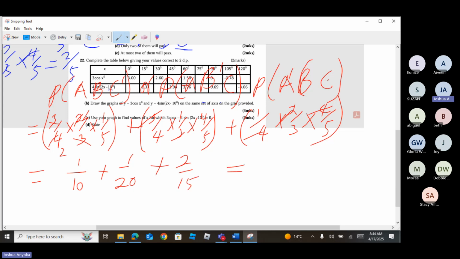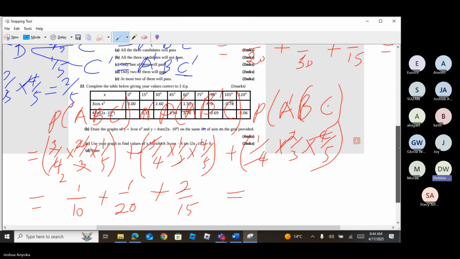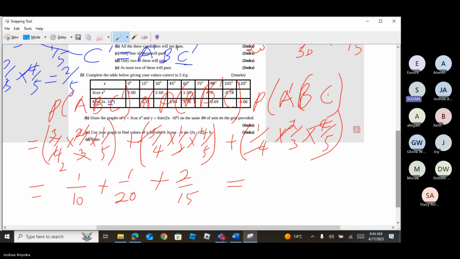And what is the final answer? You add the 3. It is 1/5, not 1/20. Yes, 1/5. Good. I did not have to cancel the 4. Okay, what is the final answer now? 13/20. 13/20. Yes.